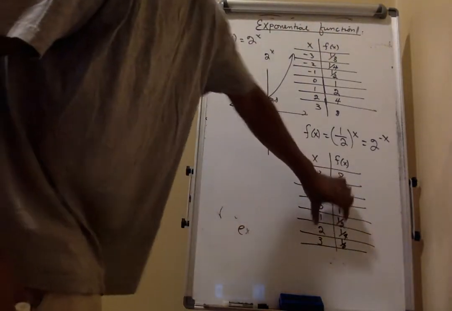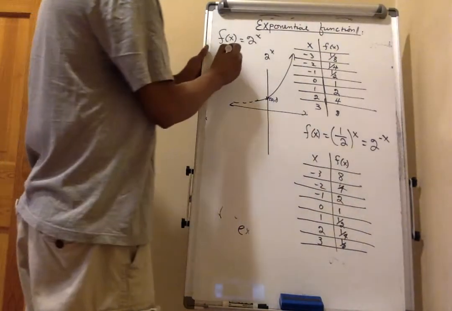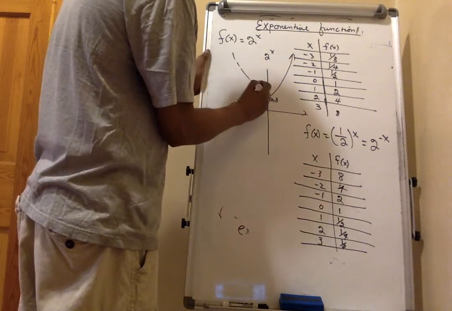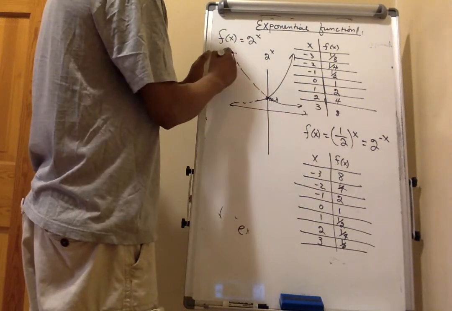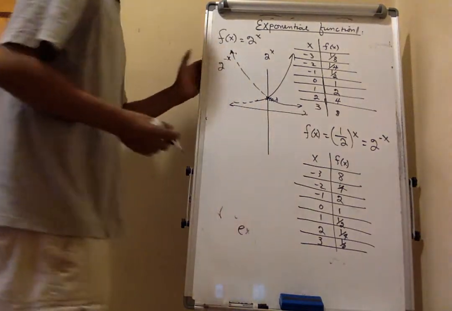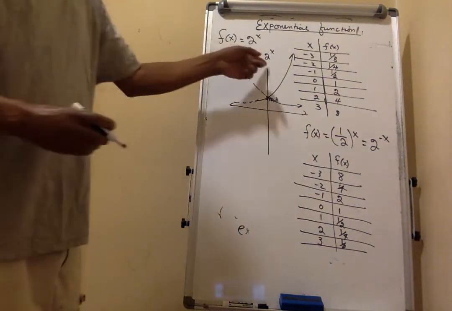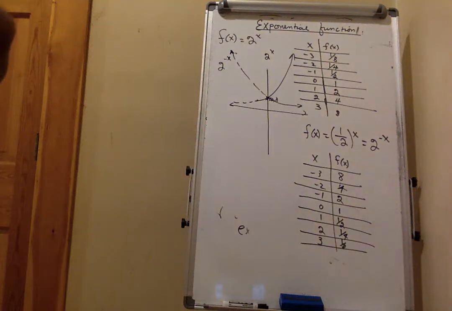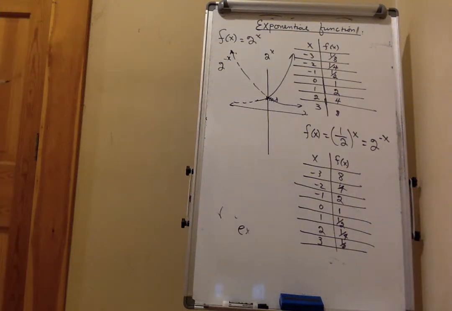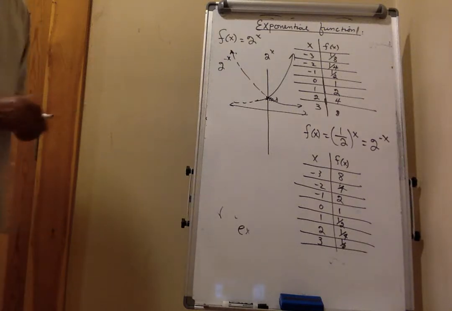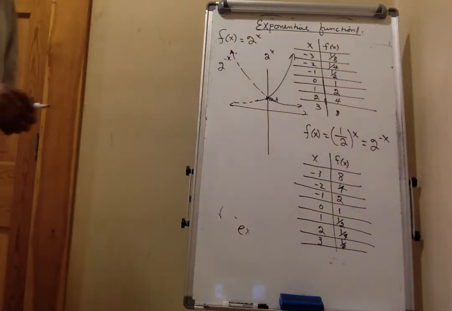And try to transpose this into this graph. Then you would end up with a graph that looks like this, and this is 2 to the negative x, justifying that if the base is greater than 1, we're talking about exponential growth, but if it is between 0 and 1, then it's going to be exponential decay.